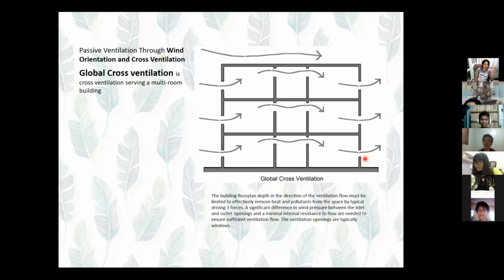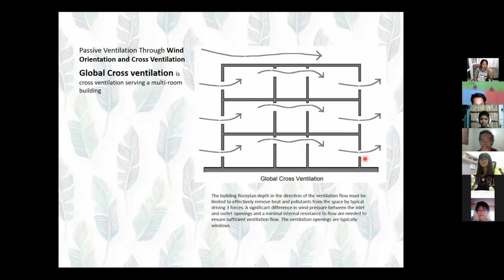That's why I'm telling you, if possible, aside from ventilation, you also apply the chimney effect. You always have an outlet for hot air. This one is just for illustration purposes, showing the flow of air without the chimney effect.